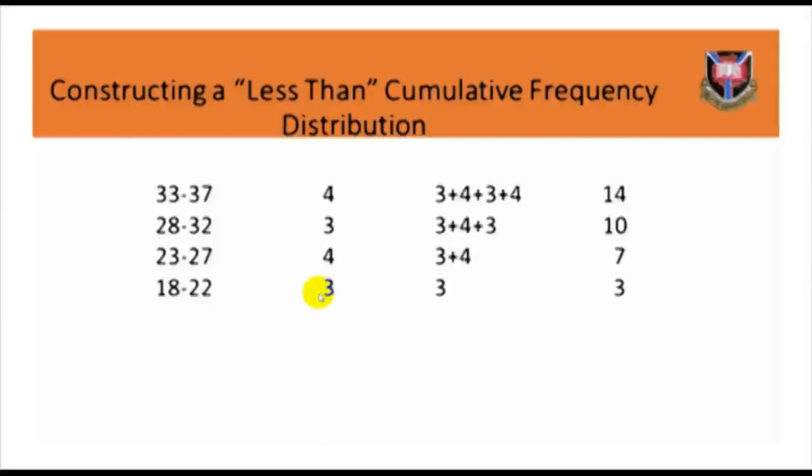The following interval shows that 4 employees had performance scores ranging between 23 and 27. The total number of employees whose performance scores are 27 or less is calculated as 3 plus 4, which is equal to 7. Thus, the less than cumulative frequency at the interval 23 to 27 is 7.